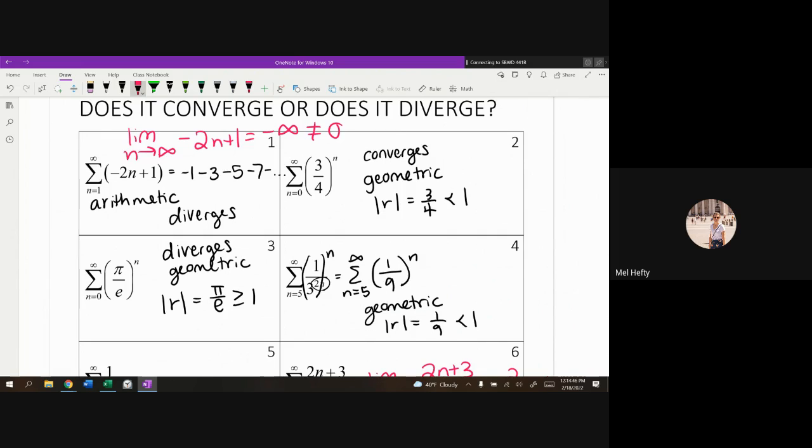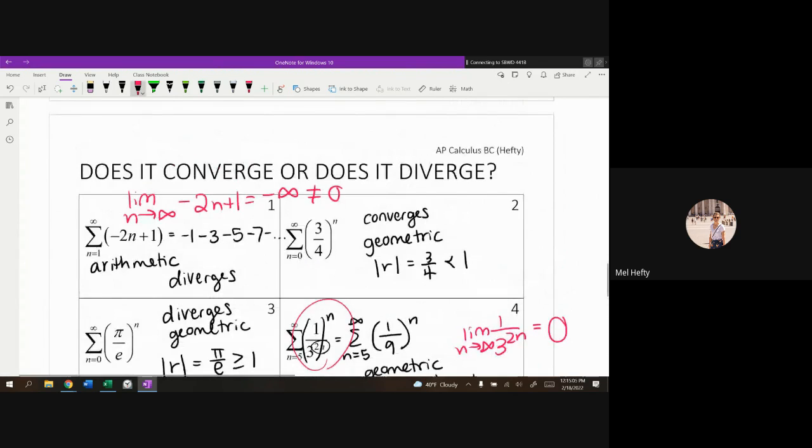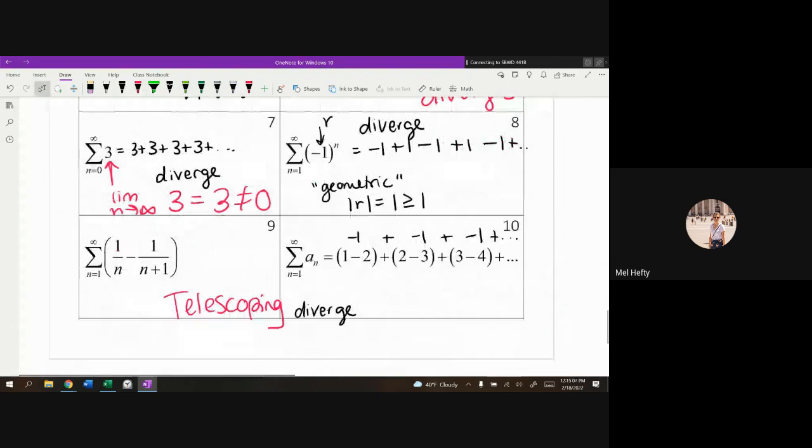All right. Notice for the ones where the geometric has an r less than 1, like this guy right here, that was 1 over 3 to the 2n. Notice these do converge not because of nth term, but this limit does go to 0. So that's helpful. It confirms some of our thinking.